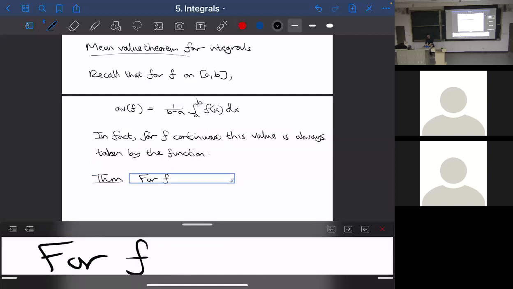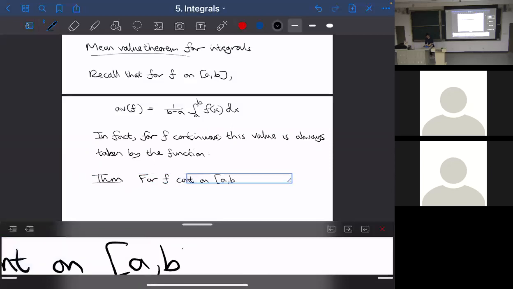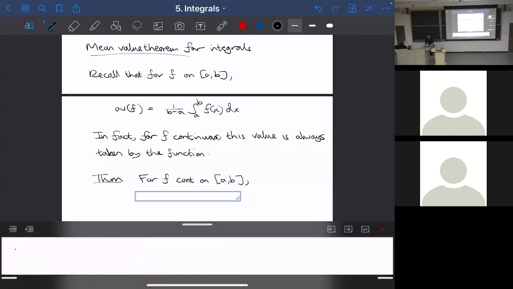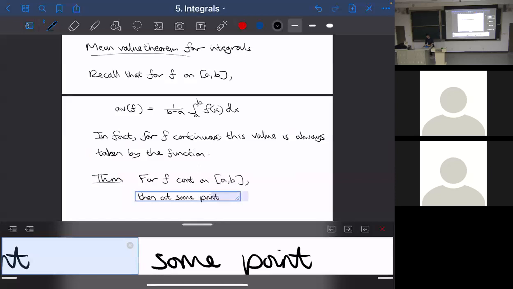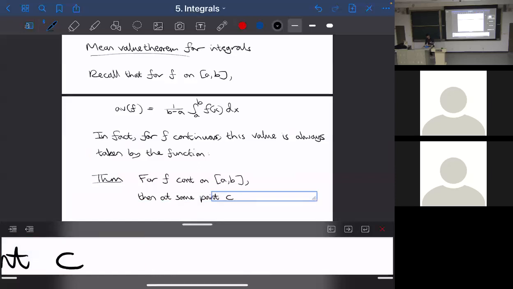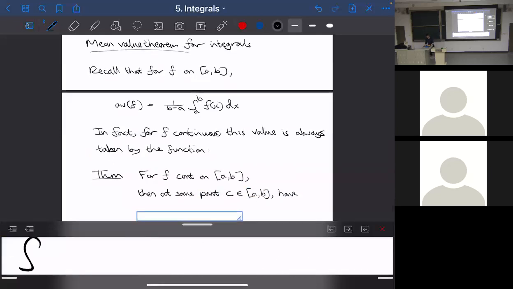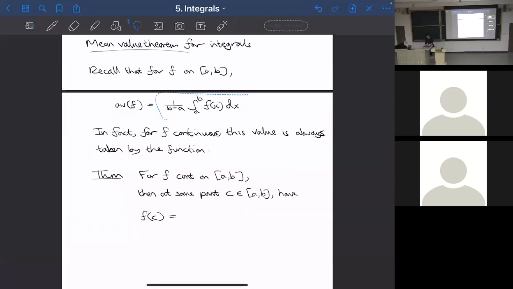For f continuous on [a,b], then at some point c in that interval, we have that f(c) equals this average value.